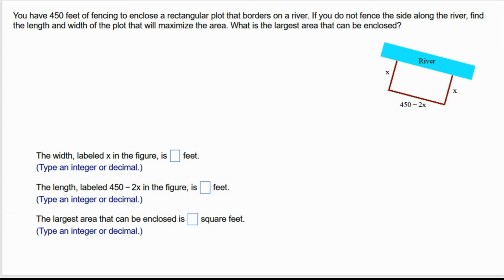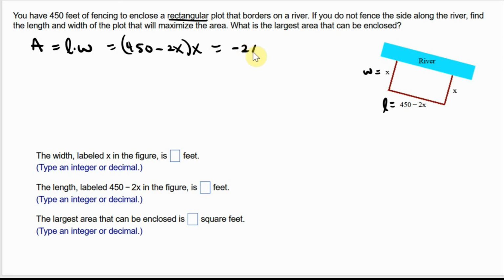So since you're maximizing the area, we need the formula for the area. This is a rectangle. So the formula for the rectangle, the area, is the length times the width. So this is the width, and that's the length. So we have 450 minus 2x times x. Okay. Well, that gives us, we just worked that out.